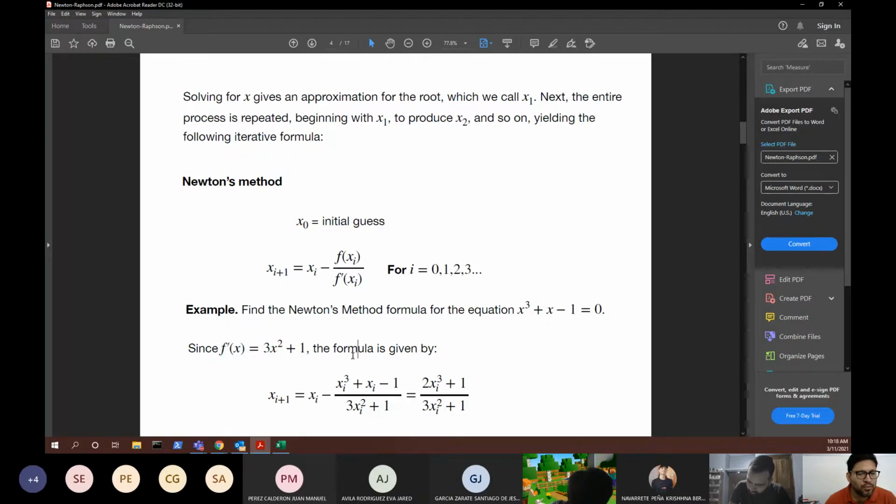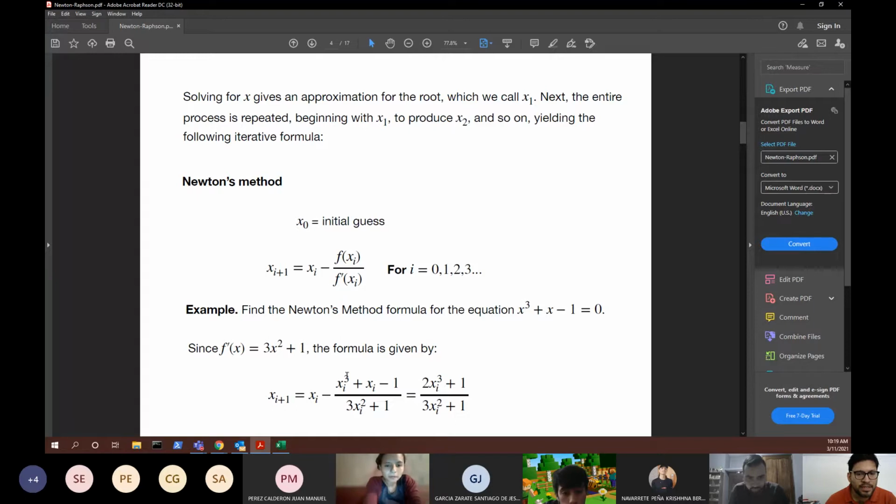So what we need to do is to put these two functions in the form of Newton's formula. In general, x(i+1) is going to be equal to xi minus the function, but now we introduce in this function the subscript i: xi to the power 3 plus xi minus 1.